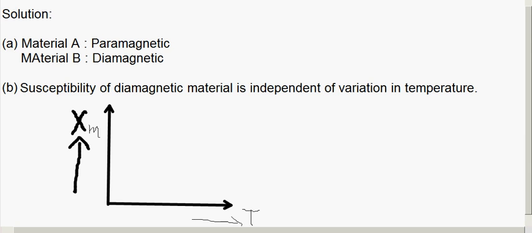It's a straight line because it's independent. Susceptibility of diamagnetic material is independent of variation in temperature. So as the temperature varies, susceptibility will remain constant. That completes that problem. We will do another one.